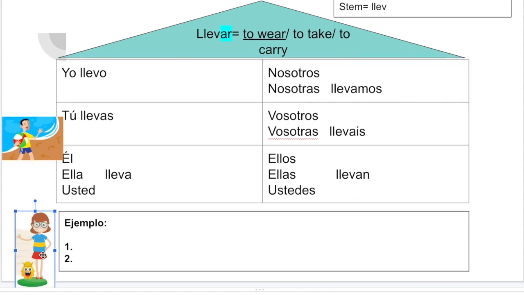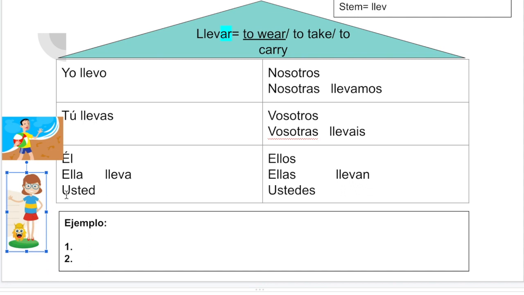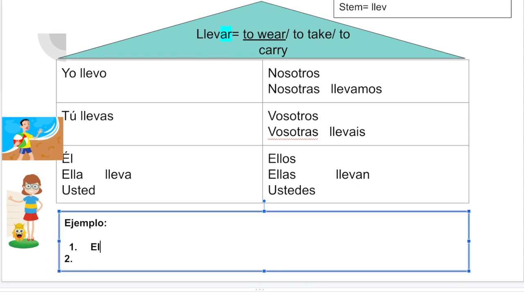A little bit bigger, you can see them. So I'm going to say: él lleva una camiseta amarilla y unos pantalones azules.